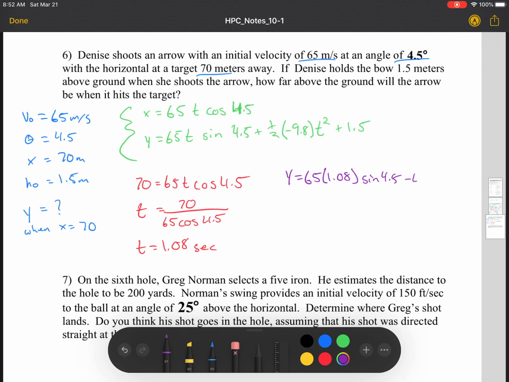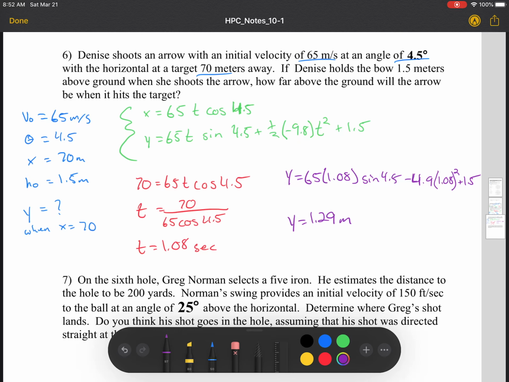You know exactly where it goes. Make sure you fit it all on the page. Toss all that in your calculator. Make sure you have your parentheses in the right place. You should get that your final height is 1.29 meters.